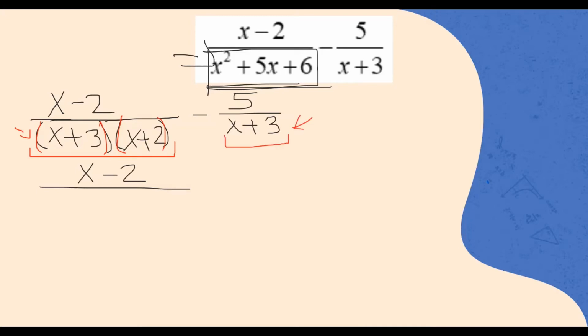So there is something missing in the second one that you should be multiplying with, so that it will have the same denominator as the first one. What should you multiply the denominator of this with so that it will have the same denominator as the first one? x plus 2. Yes, thank you. And then the same thing, if you do something to the denominator, you have to do the same thing to the numerator, because we do not actually want to change the fraction.